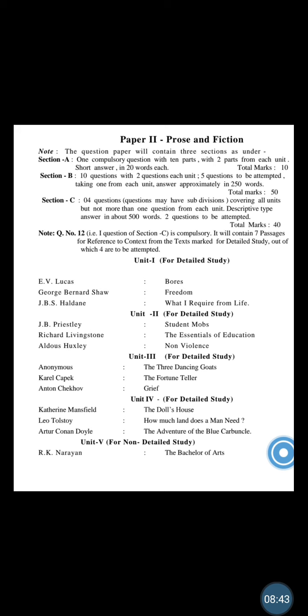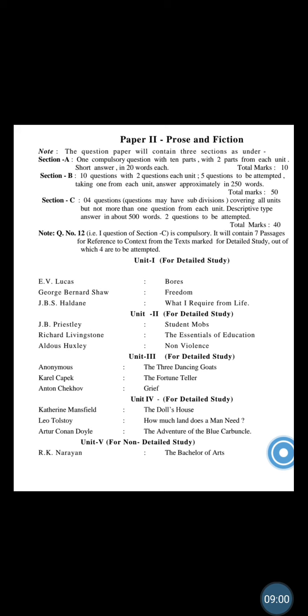So you have essayists like E.V. Lucas, G.B. Shaw, Haldane, Priestley, Livingstone, Huxley. Then you have 6 stories also along with these essays. You have 6 essays and 6 stories.